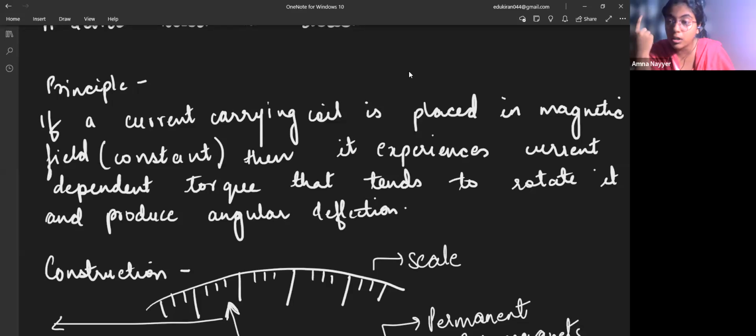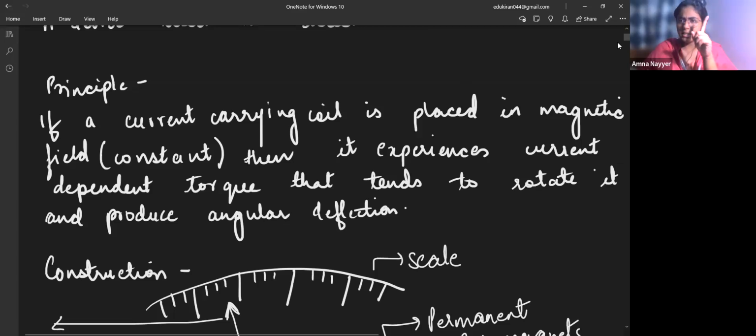Torque tends to rotate it, so angular deflection is produced, meaning some angle is swept.